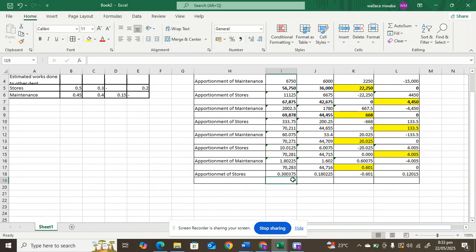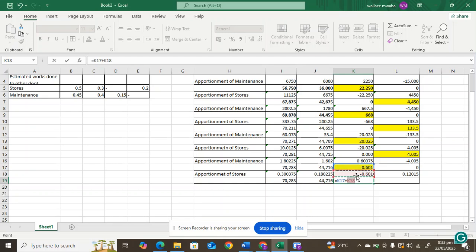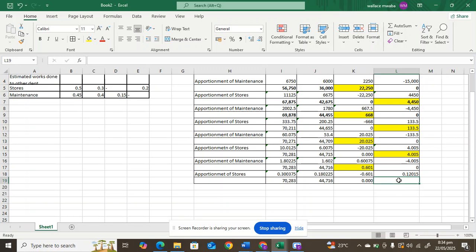Okay, we get our new totals. Department Y, 44,716 plus 0.18. You get 0.601 plus negative 0.601. It's 0. And here we get 0 plus 0.1205. So we need to apportion this.